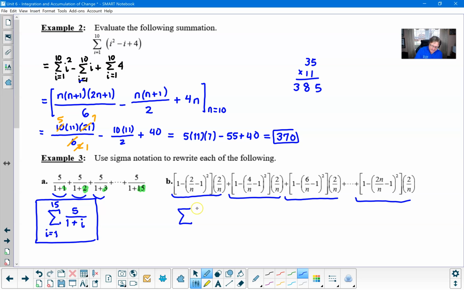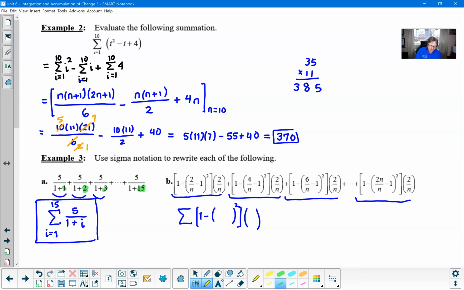In other words, I see a big old thing with the brackets around it, followed by a slightly smaller thing with parentheses around it for each term. There's nothing wrong with starting with that. I notice that within the brackets, it seems like 1 minus kind of leads things off. And then we have a parenthesis value that's squared.